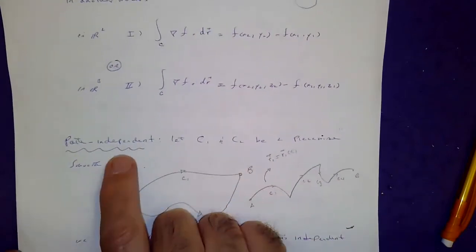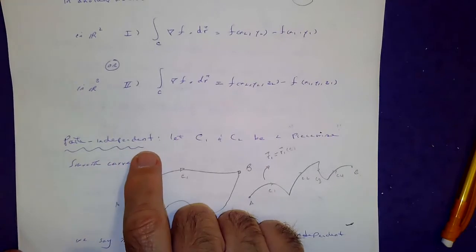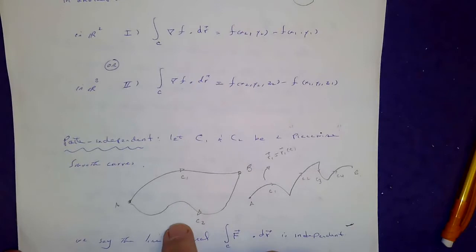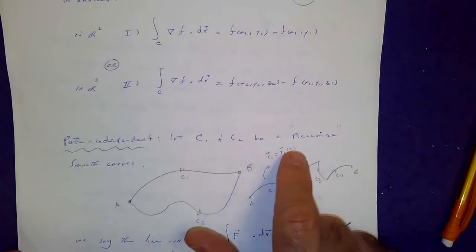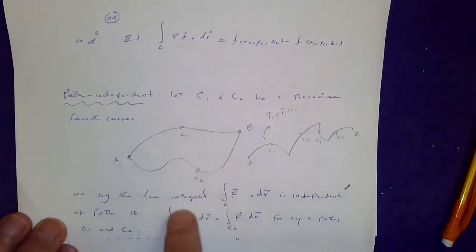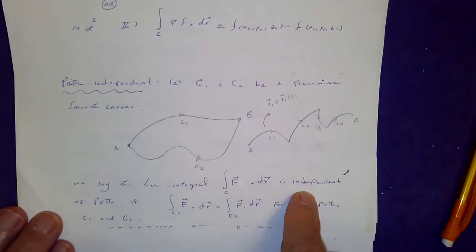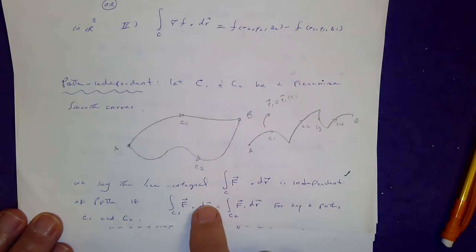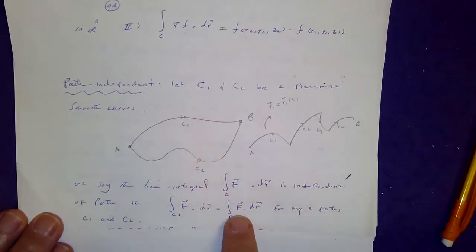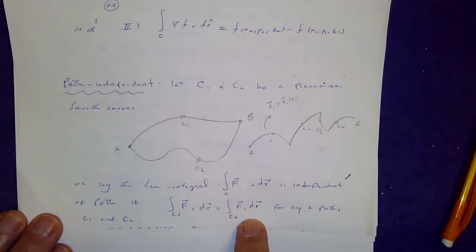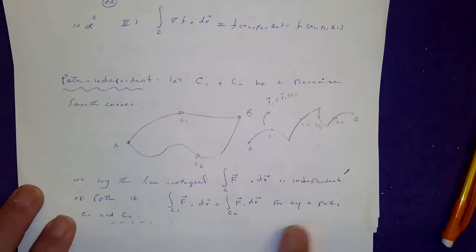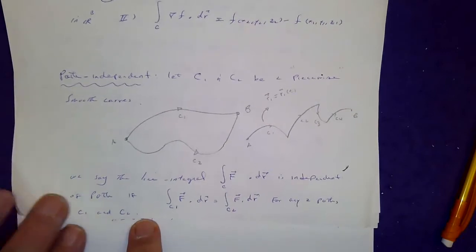So once again, what's the definition of path independent? Let C1 and C2 be two piecewise smooth curves. We say the line integral is path independent if the line integral over path C1 is exactly the same as over path C2, for any two paths C1, C2.